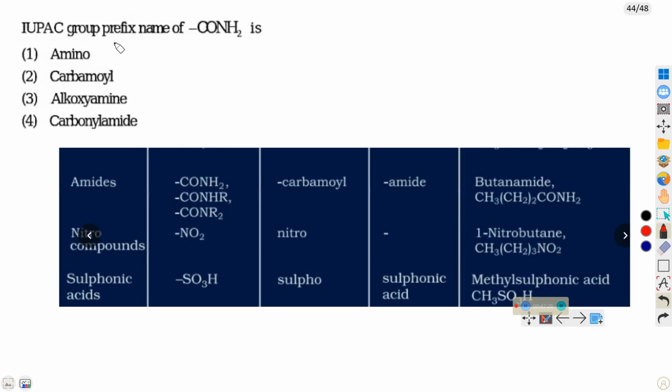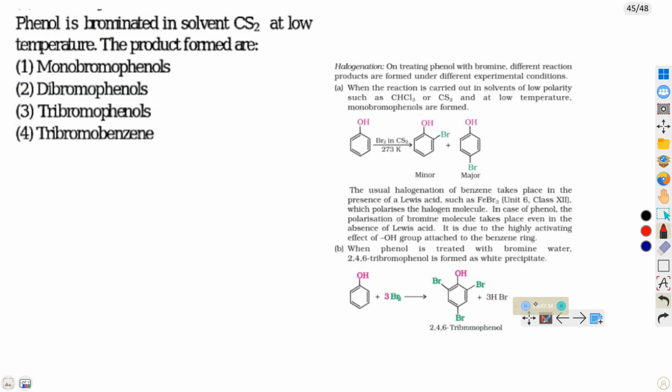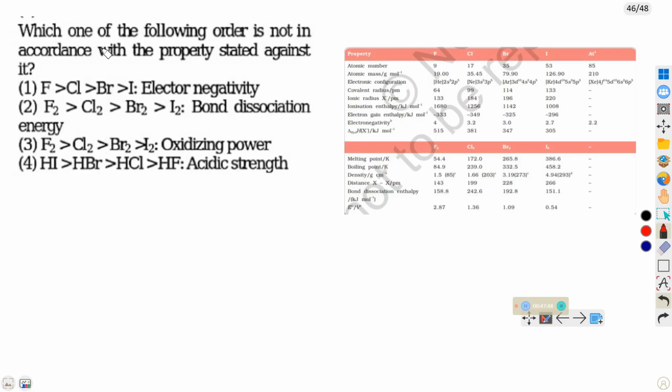IUPAC group prefix name of CONH2: carbamoyl. Phenol is brominated in solvent CS2 at low temperature. The product formed is monobromophenol. Which of the following orders is not in accordance with the property stated against it?